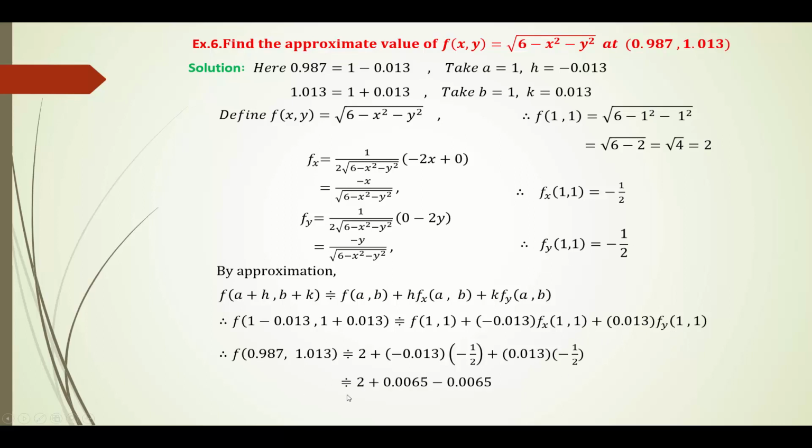So it is approximately equal to 2. Then this minus and minus become plus: 0.013 upon 2 is 0.0065. Then this plus and minus become minus: 0.013 upon 2 is 0.0065. Then plus 0.0065 and minus 0.0065 cancel. So it is approximately equal to 2, which is the required answer.